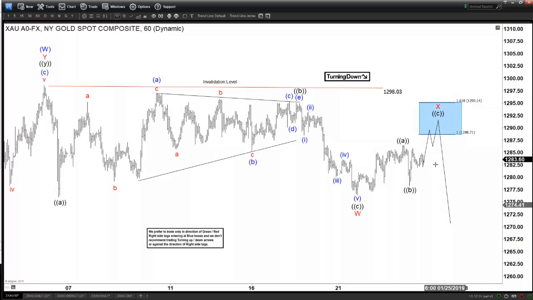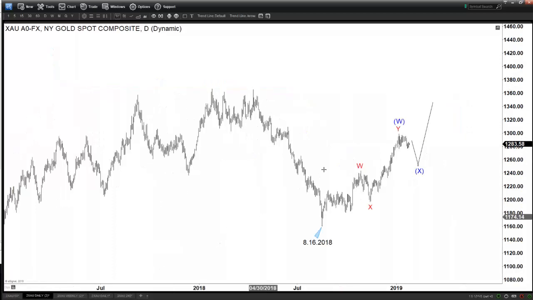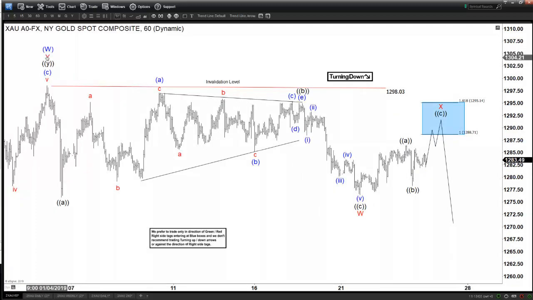Now we will take a little bit more detail in gold so that we understand where we are in the bigger picture. If we look at this daily chart, I'm not showing a full chart here, just the most important level. You can see that this W in blue that I put here is the same as this starting point, the W in blue that we saw earlier in the 1 hour chart.